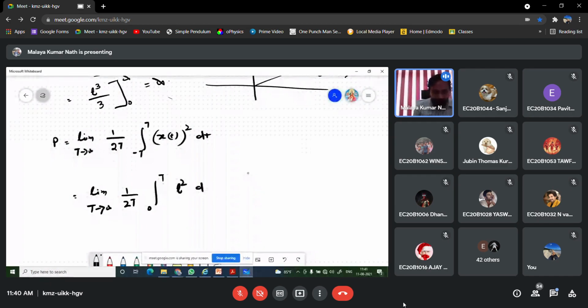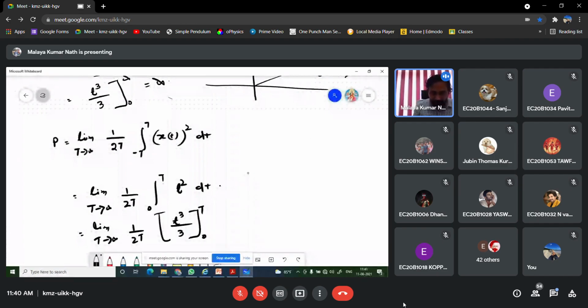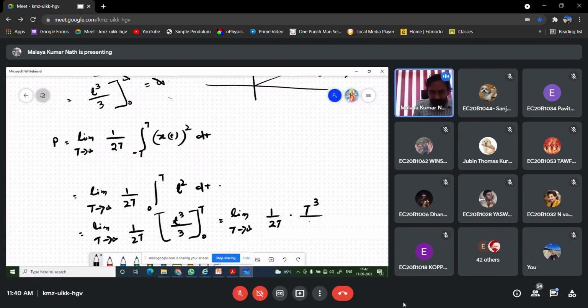Now if we take the integration, that is 1 upon 2T, this will become T to the power 3 by 3, and you have to put the limit 0 to T. So if we put the limit, how much will it become? Limit T tends to infinite of 1 upon 2T into T to the power 3 divided by 3.